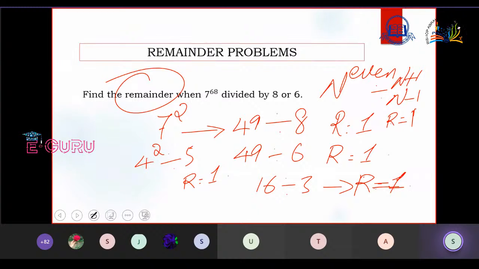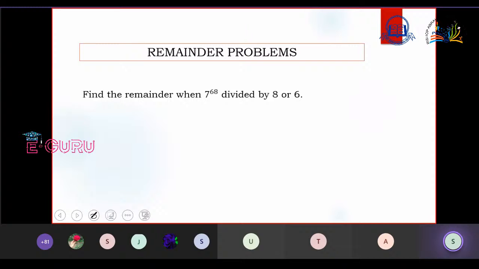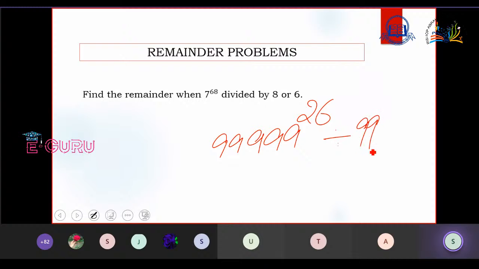So in that scenario, suppose the question is coming something like this, just a second. If the question comes in this way, something raised to 26 divided by 99,998, or it is divided by 99,999, or if it is divided by 1 lakh, questions may be coming like this.